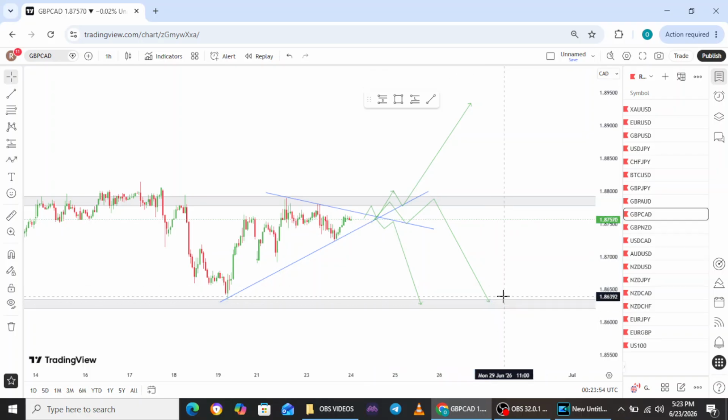So these are the three possibilities that can happen. But I think the third one is what I'll watch out for because it's not too straightforward.